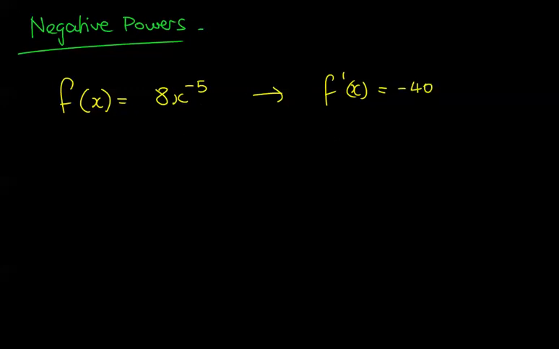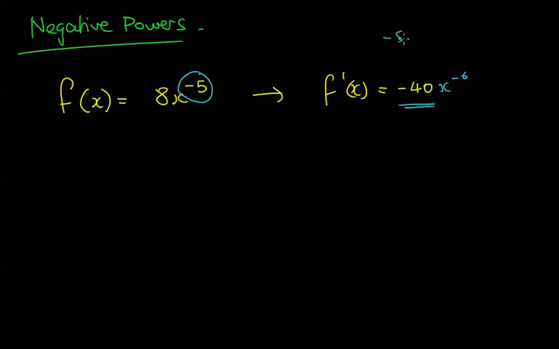But here's where you have to think a little bit. You do the same thing, you take 1 off the power. The power is minus 5, and if I subtract 1 from that, I get minus 6. So 8x to the power minus 5 differentiates to minus 40x to the power minus 6.